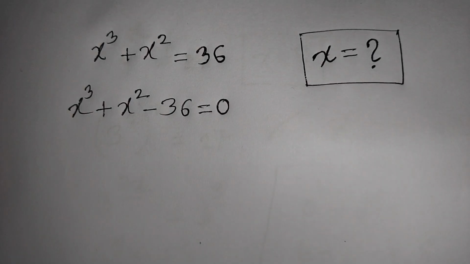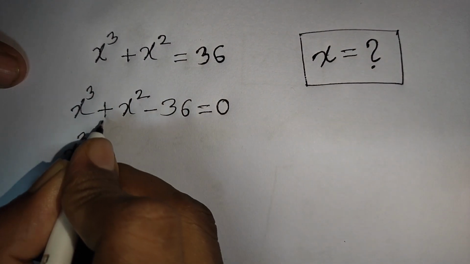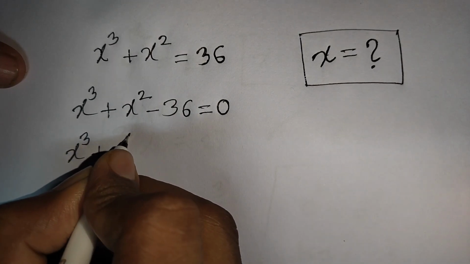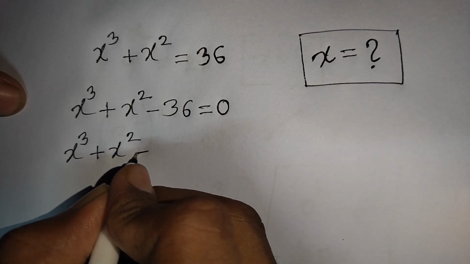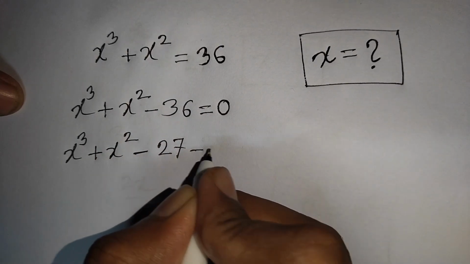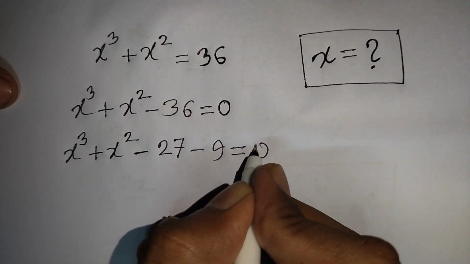Now we can write here x cube plus x square, then minus 36 can be written as minus 27 minus 9, then is equal to 0.